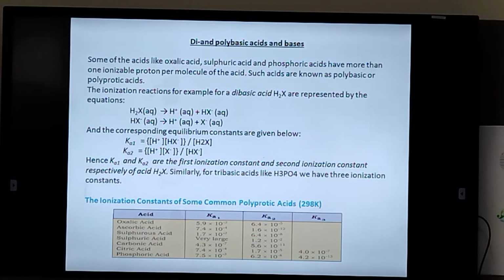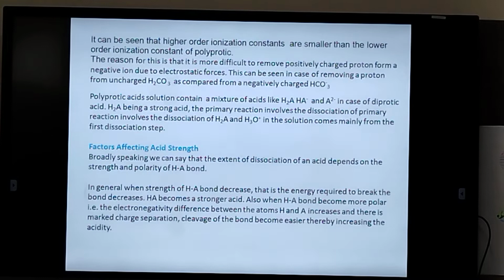First, we have given the value for oxalic acid, that is 5.9 × 10^-2, whereas Ka2 for oxalic acid is 6.4 × 10^-5. In this way, we have given ascorbic acid, sulfuric acid, carbonic acid, phosphoric acid, and so on.